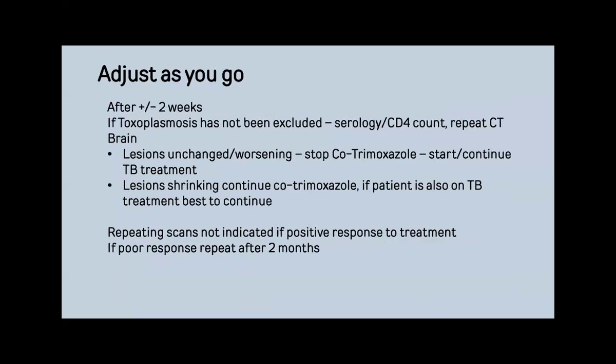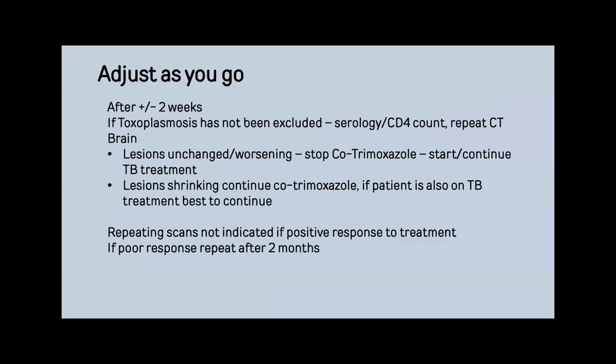After about 2 weeks of having started the treatment that the patient would be on, and you haven't already excluded toxoplasmosis, you must repeat the CT brain. If the lesions are unchanged or worsening, you must stop the cotrimoxazole and start or continue TB treatment, depending on what you've already done at this point.